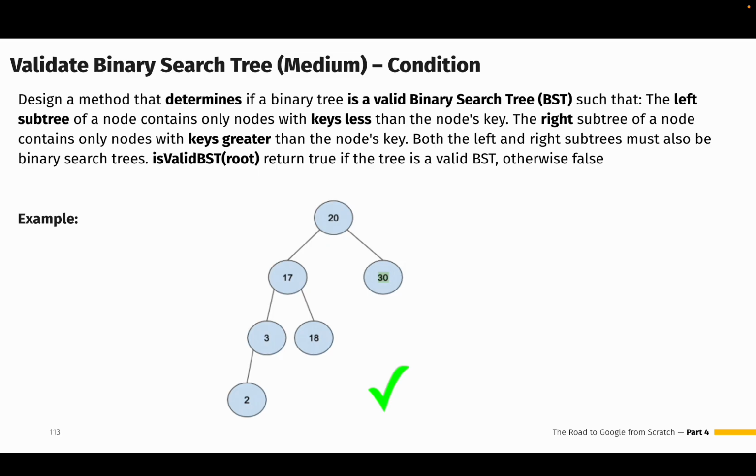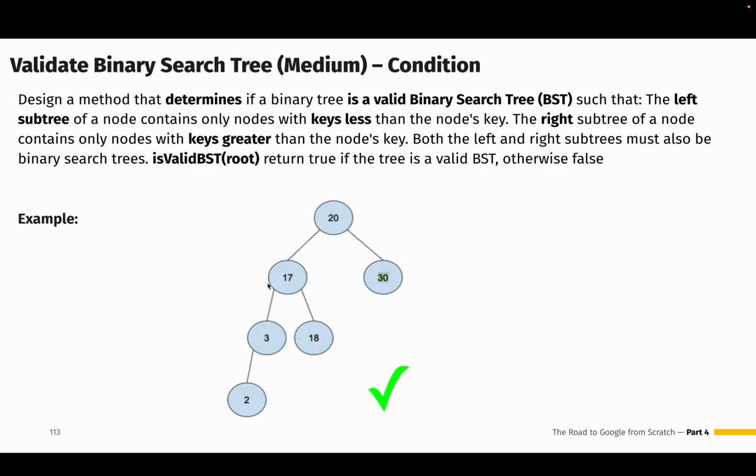If you are not very familiar with what a valid binary search tree is, in the example below we have a valid binary search tree, because you can notice that the left subtree contains elements which are equal or less than the root node.